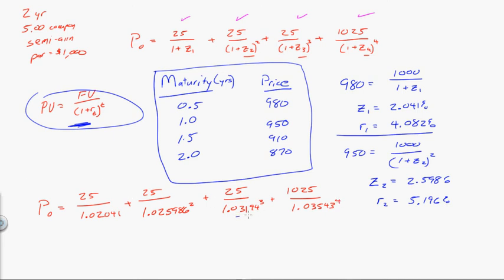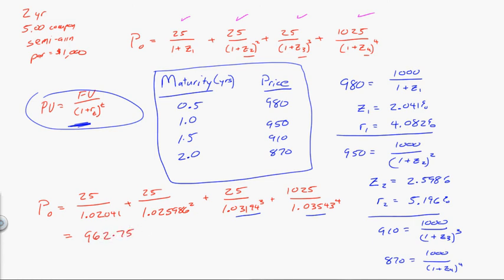So where did I get these numbers? I got those numbers by solving the equation 910 equals 1,000 over 1 plus z3, cubed, and also solving 870 equals 1,000 over 1 plus z4 to the fourth. So when I solve this, I get the price of $962.75.